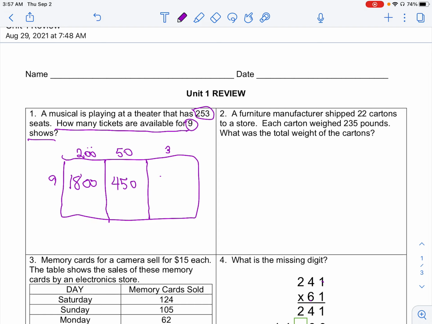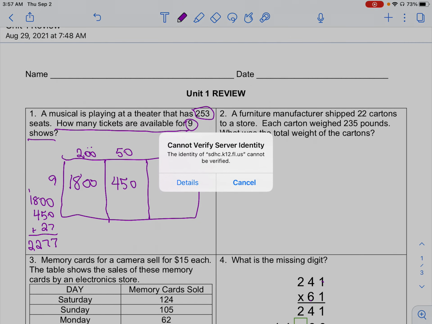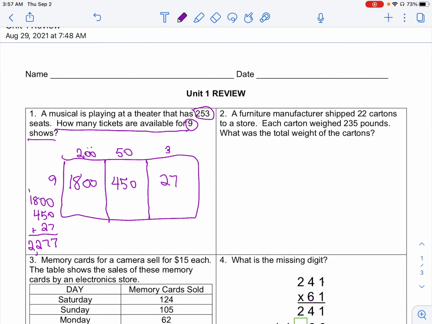And 9 times 3 is 27. We add all that up, and we get 2,277 tickets.